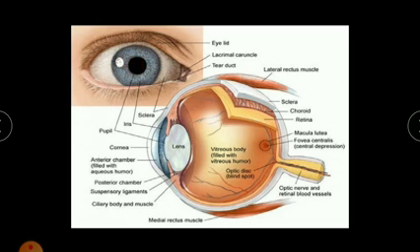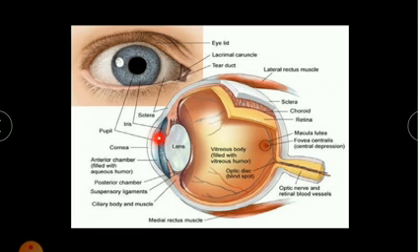This iris contracts and relaxes, because of which this pupil becomes smaller and larger. Depending upon the intensity of light, we will see how the pupil works.